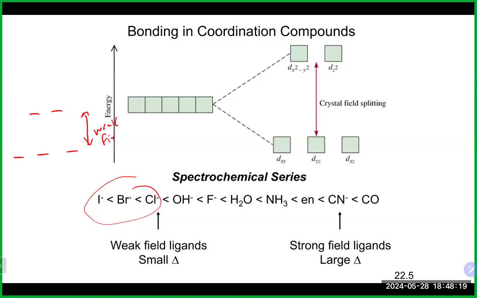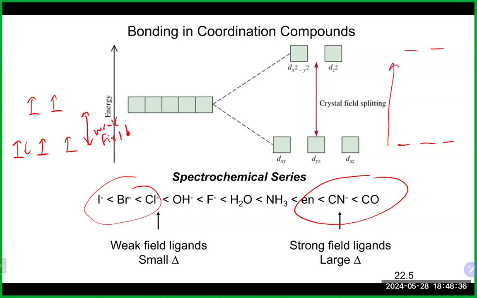That will lead to everybody going in like normal, one at a time, before they want to pair up. So that's going to give you a lot more unpaired electrons and a high spin complex. On this other side, that's going to lead you with a strong field, which is going to give you that larger splitting. You most likely will have a lot more electrons paired up and give you that low spin situation.